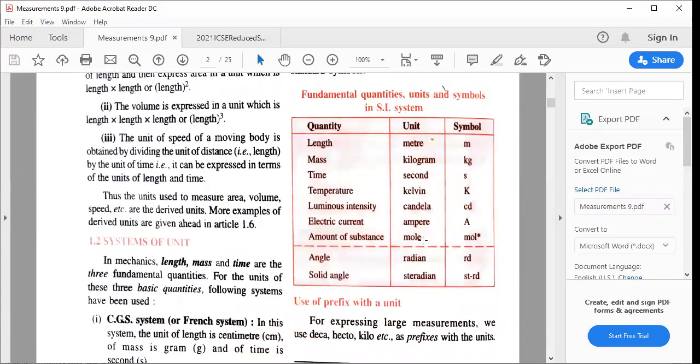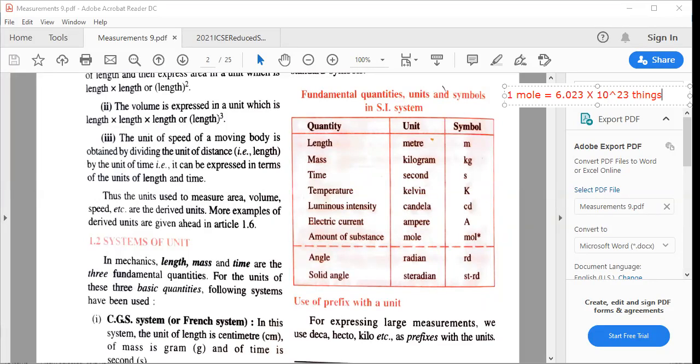The unit is mole. Like we study 1 dozen. Now 1 dozen is 12 things. Similarly, 1 mole is 6.023 into 10 raised to 23 things.